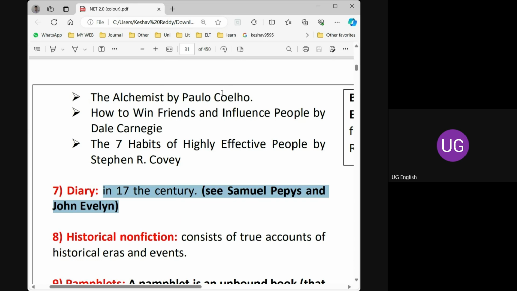Even though these diaries were published after their deaths, due to some coding language used by these writers, the exact meaning of the diaries was not decoded until the 19th century, almost up to the 20th century, I think. So we will discuss it later in the class.